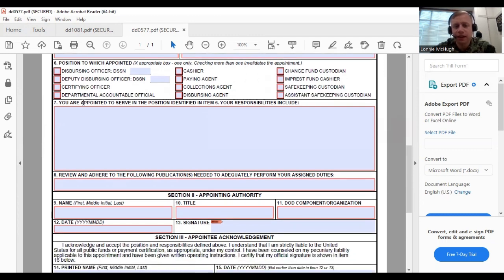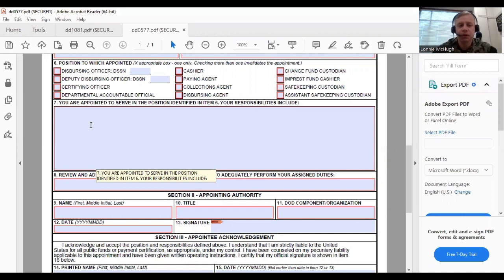And the only thing that can get a little bit fuzzy on this form is block 7. And so it's your responsibilities to include. And so what I did is I just copied the previous one from my predecessor because they passed their inspection with no issues. But if you are being established, you will want to go out to either FEG or DFAS, and they will give you a list of everything you're able to do.